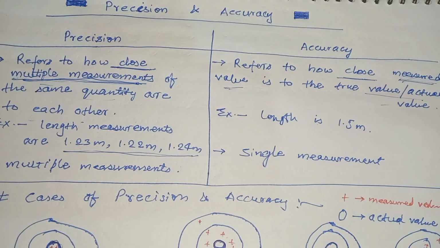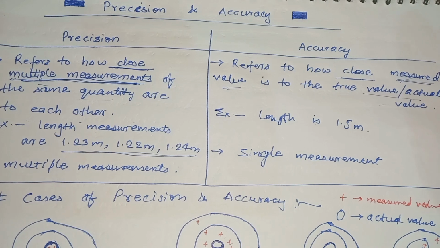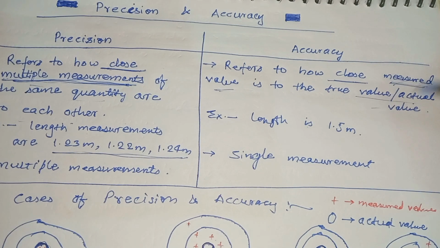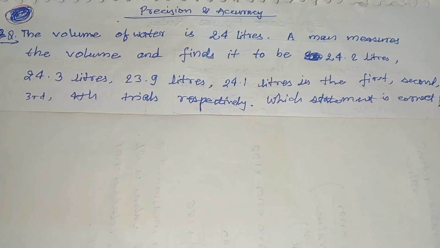Both are closeness, but one is among multiple measurements, and the other is between the measured value and the true value. Now there is a question on precision and accuracy.